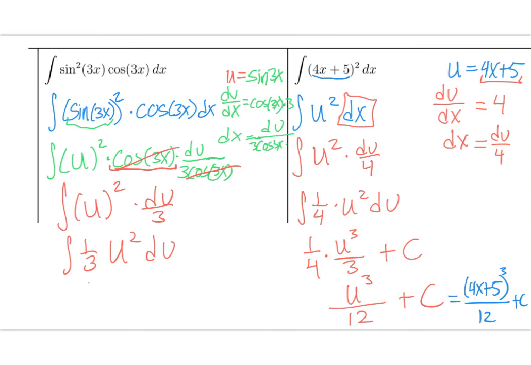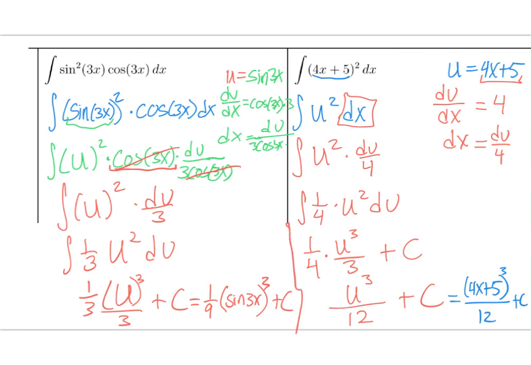That's a power rule, so it's going to be 1/3, and that's going to be u to the 3 over 3. I've got to add a plus c at the end, and when I plug my function back in, 1/3 times 3 in the bottom is going to be 1/9. u is going to be sine of 3x cubed, sorry, I was about to say squared, and then plus c. At this point, the problem is done.